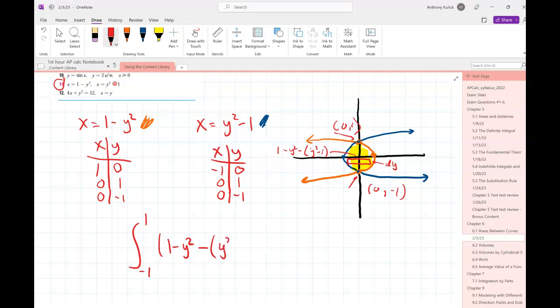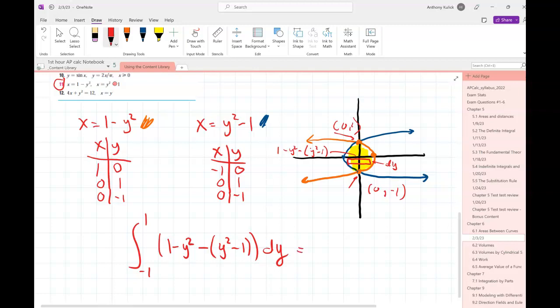The function on the right minus the function on the left, dy. And again, they have to be set equal to x in order to plug those functions in to integrate with respect to y, but they already were in the problem. That's another good indicator that this is what you'd want to do.